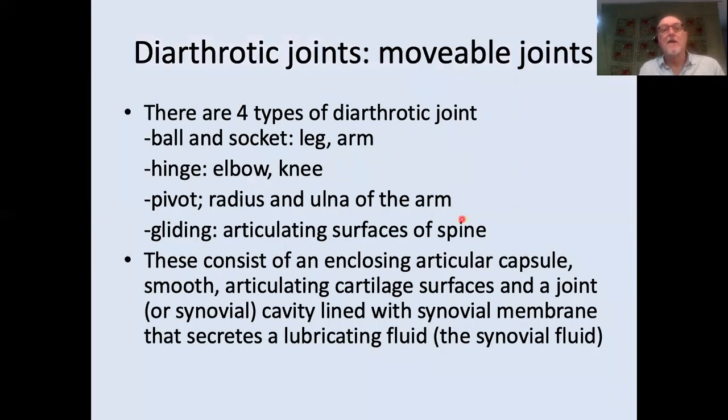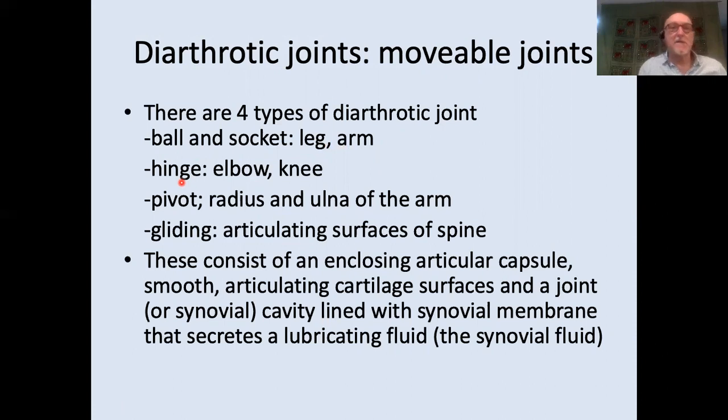But there are 4 kinds of diarthrotic joint. The first is the ball and socket joint, and that's, as I've just told you, the leg and the arm. The second is a hinge joint, which allows movement in one direction, one plane only, as your elbow, for example.